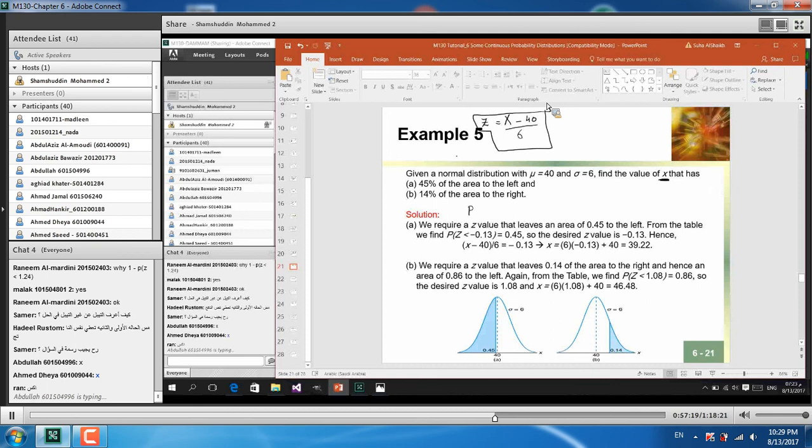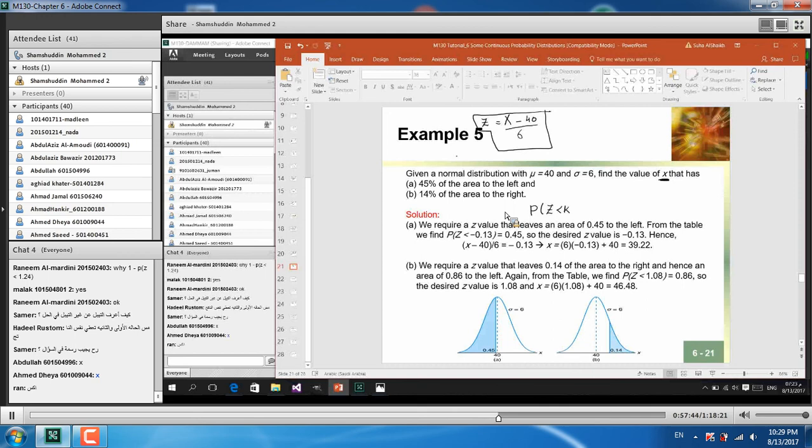So I want the probability x less than something, say k, which is the same as the probability of z less than a number, not the same k. Wait. I want 45% to the left.